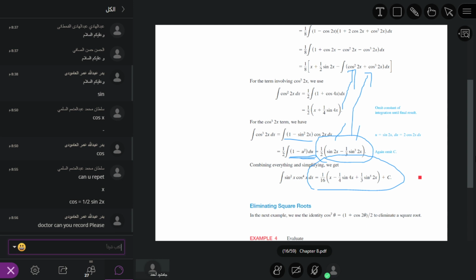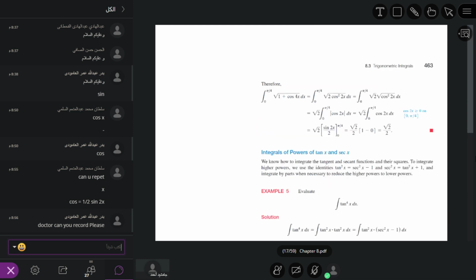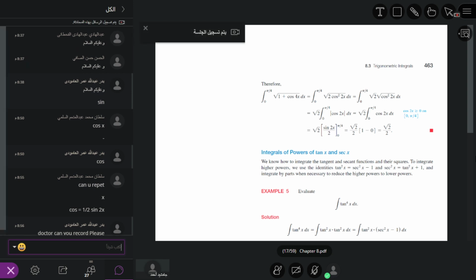Now after that, next we have the product of powers of tan x and sec x. For this case, how can we solve this?